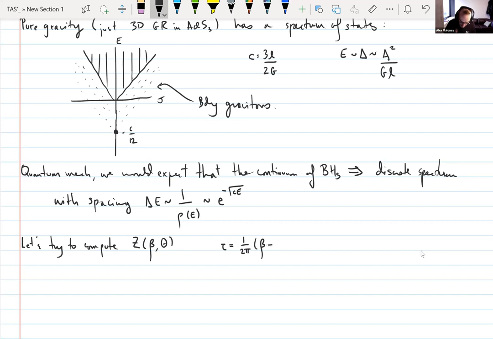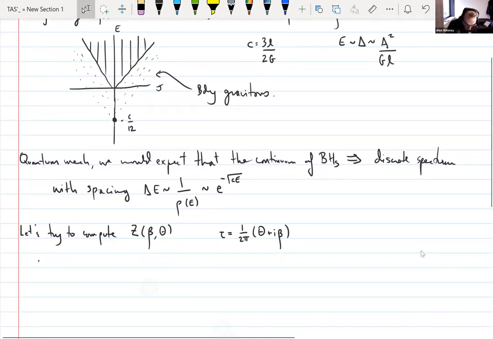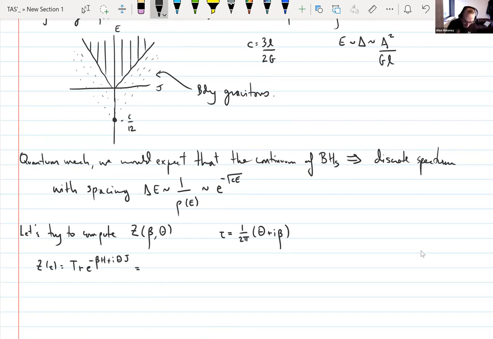So we introduced a parameter that I called tau, which is a complex number that packages the temperature and angular potential. And what I want to compute is the finite temperature partition function. So trace of e to the minus beta H plus i theta J. So this is a function that's going to package the spectrum up.